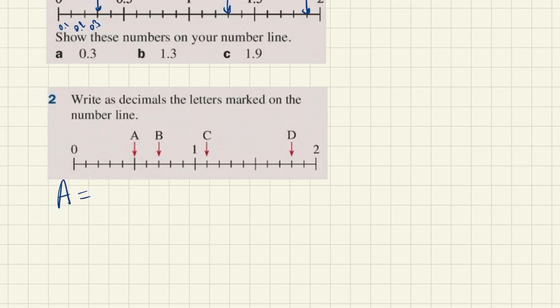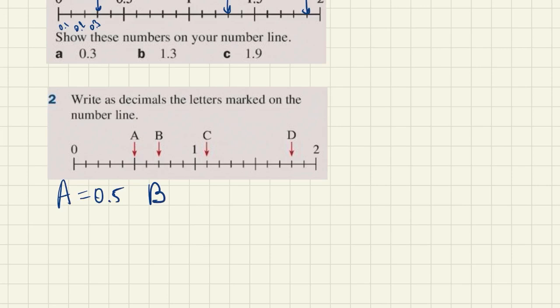So it's probably going to be, and we can count them: 1, 2, 3, 4, 5, 6, 7, 8, 9, 10. So you can see that this is tens, right? We have a number line with tens on it. And A is right in the middle, so again 1, 2, 3, 4, 5. A is going to be 0.5.